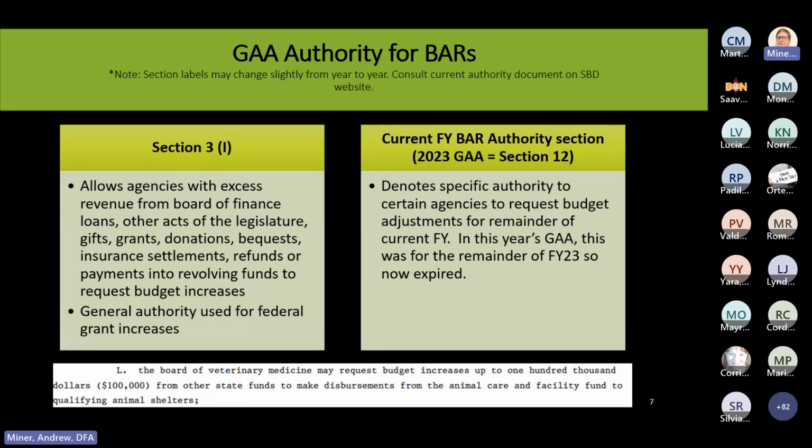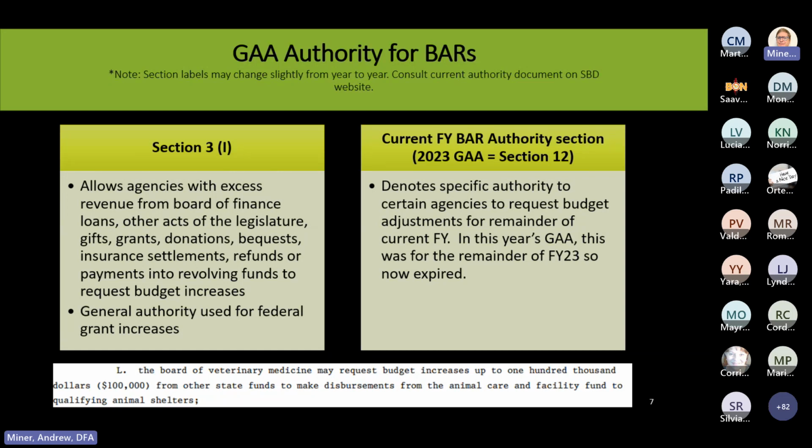On the left here, you see the first section, Section 3I. It's towards the front, and it's pretty much always the same. There's language in 3I that allows agencies with excess revenue from these sources, Board of Finance loans, other acts of the legislature, gifts, grants, donations, insurance settlements, refunds, or payments in revolving funds, to request an increase to their budget for that revenue.